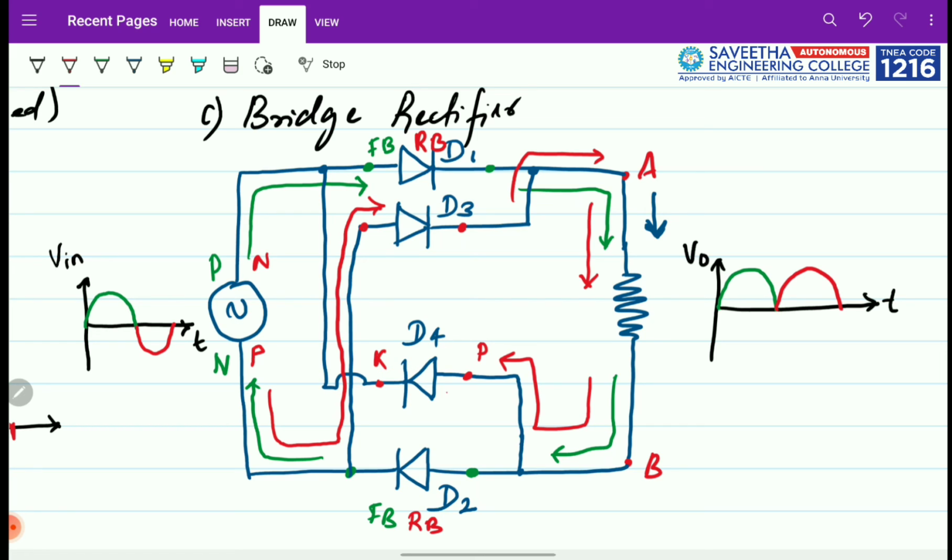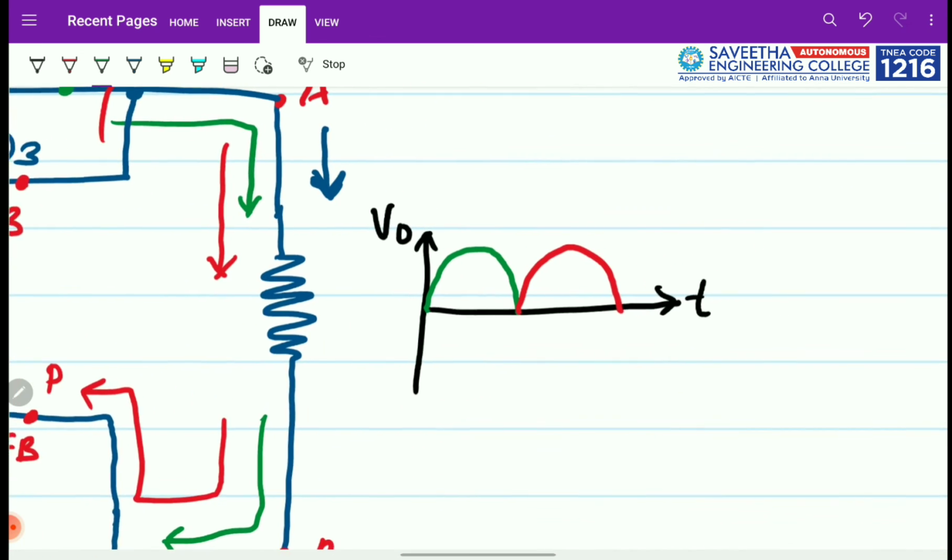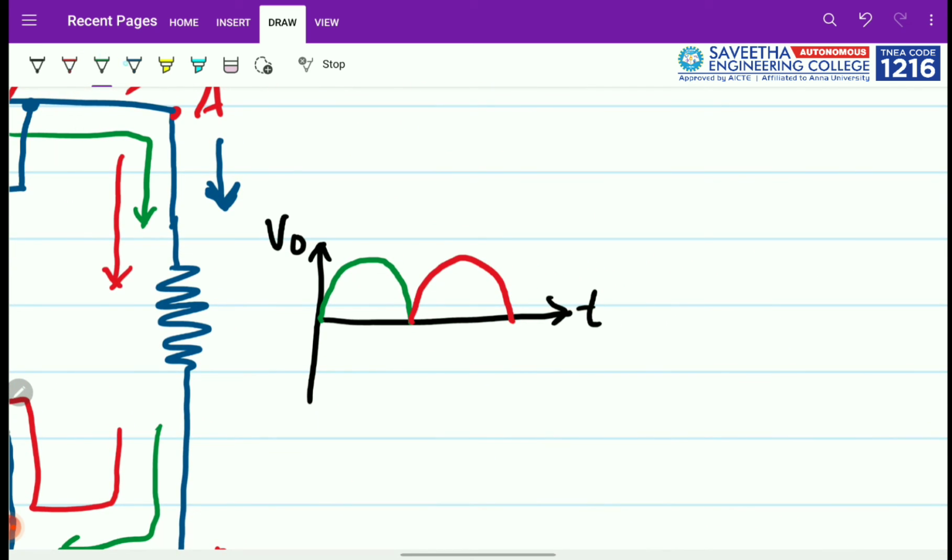So D4 is forward biased, D3 is also forward biased, and it goes this way and then to the return path. And D4 and D3 are reverse biased in the first half cycle. So in the first half cycle D1 and D2 operate, and in the second half cycle D3 and D4 operate.